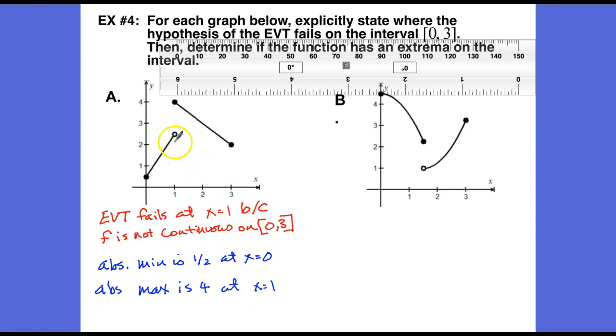So in this case, one of our absolute extrema was an endpoint. And so that's the reason why, since those endpoints are included on the closed interval, we have to check them when we're looking for absolute extrema.